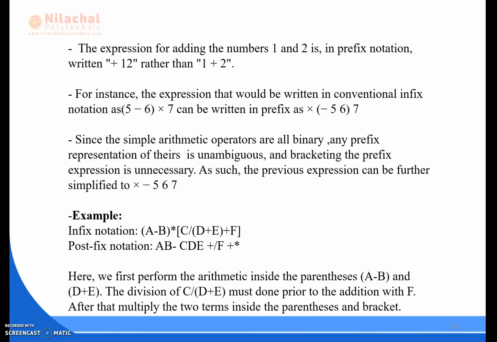The expression for adding the numbers 1 and 2 in prefix notation is written as plus 1 2 rather than 1 plus 2.